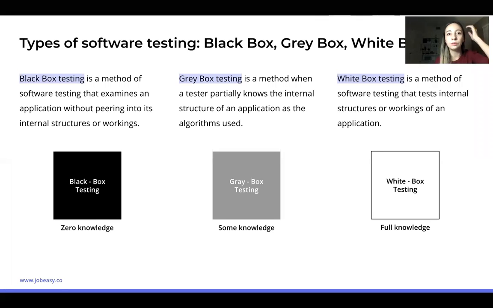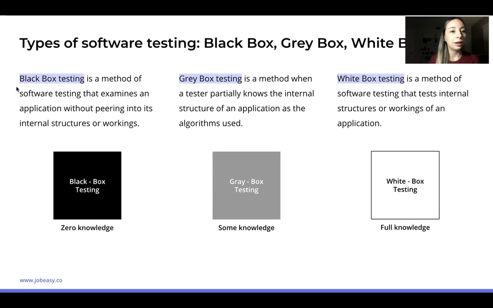There are a few classifications that divide testing into different types, but the most common classification divides all testing activities into three types: black box testing, gray box testing, and white box testing. Black box testing is something that manual QA engineers will be doing for 99% of their time.